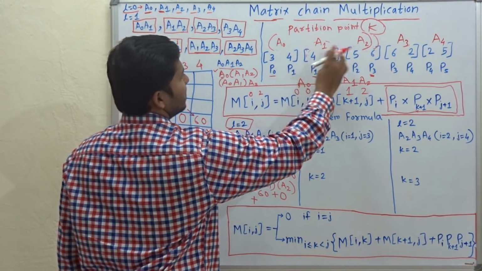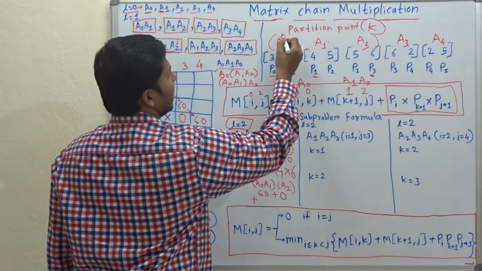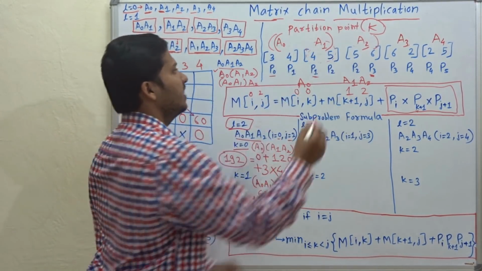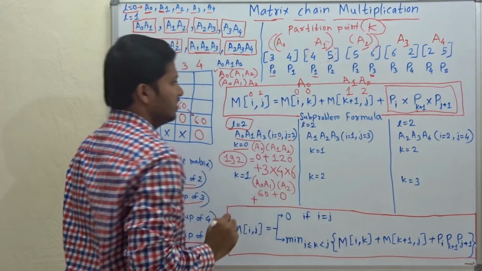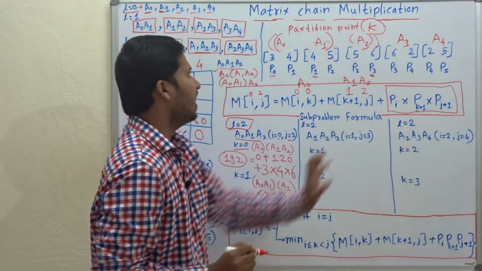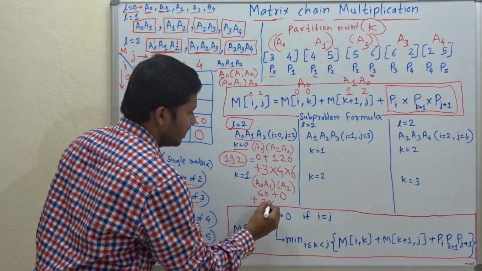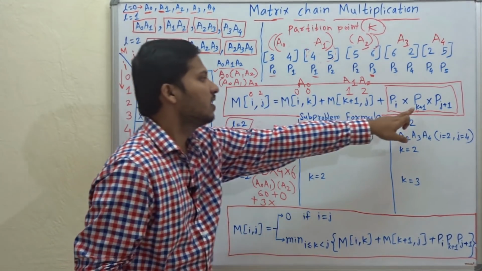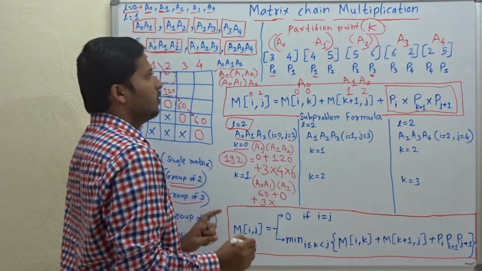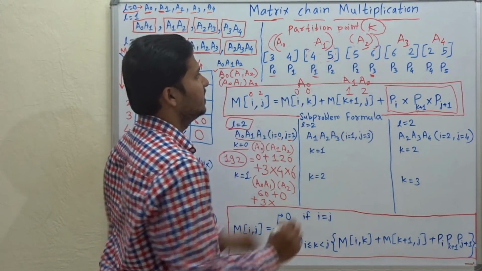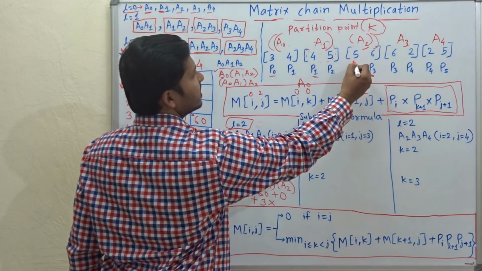So see, now what is the partition? A0 into A1 is the first partition and A2 is the second partition. So Pi means the first dimension, that is 3, that is P0. Then Pk plus 1 means the first dimension in the second partition. What is the first dimension in the second partition?